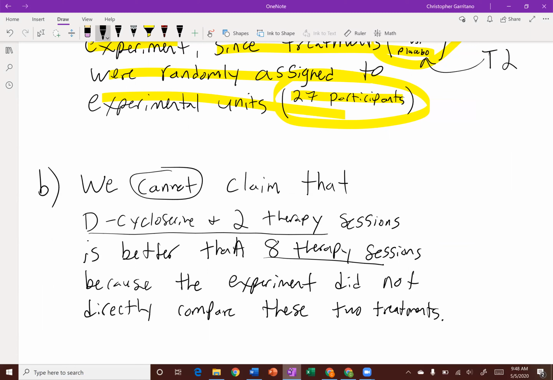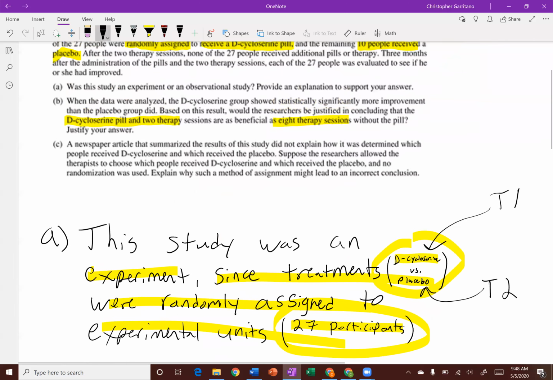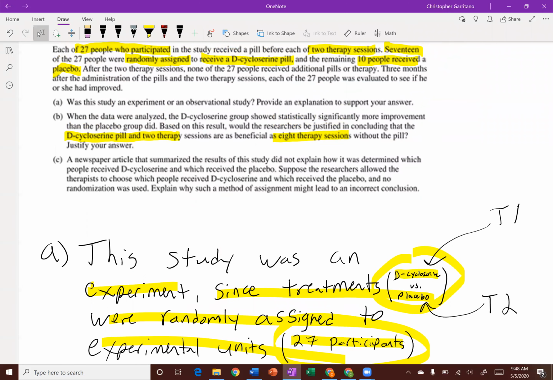All right. Part C. A newspaper article that summarized the results of the study did not explain how it was determined which people received the drug and which received the placebo. And then they give you this situation, okay, what if researchers allowed the therapist to choose who received the drug and who received the placebo?